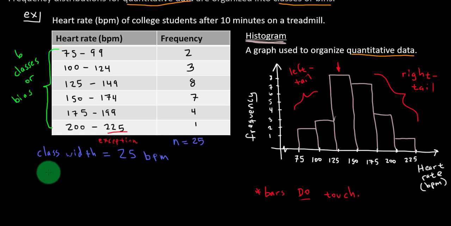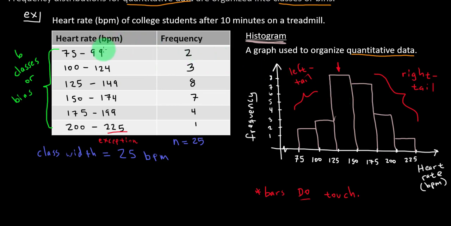Imagine just a list of 25 numbers separated by commas. That's a lot to look at to discern any trends. But when that is organized in a table, you can see pretty quickly what appears to be the most common heart rate class? And that's very visible here in the histogram.